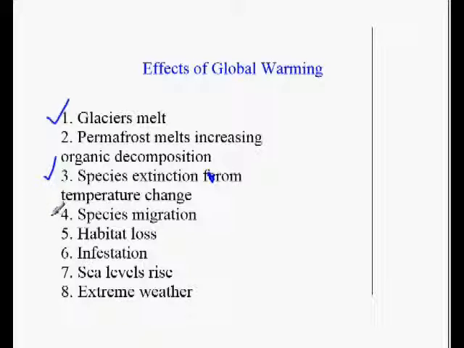And so that leads us into species migration. Animals have to get back to where they feel comfortable in their temperature. We have a huge loss of habitat. That's why they're migrating. And because the glaciers are melting, we have sea levels rising, which is going to be a big problem for a lot of countries that are lowland. And again, we saw extreme weather conditions.